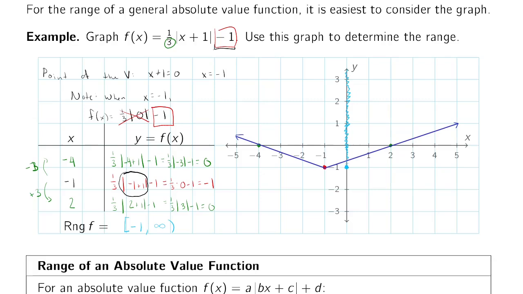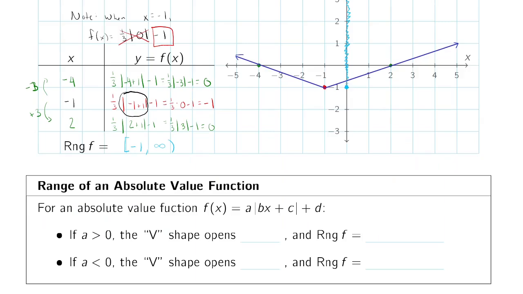So what do we see when we look at the graph? We see a V shape. Well, our V shape is going to either open up or open down. And what makes the difference is the number we multiply by on the outside. If it's positive, the V shape opens up.